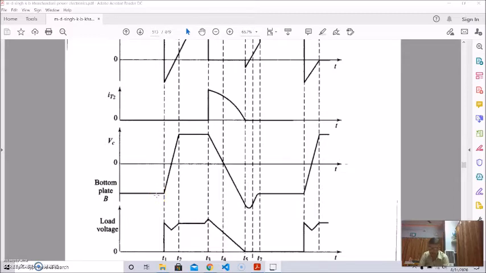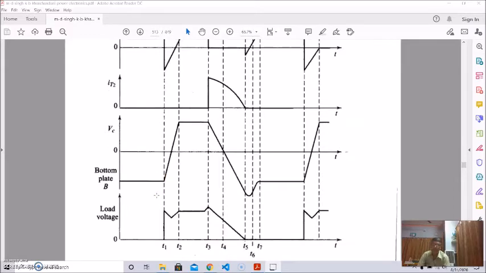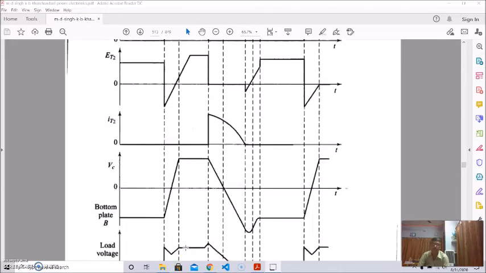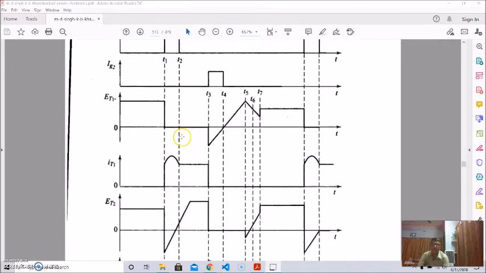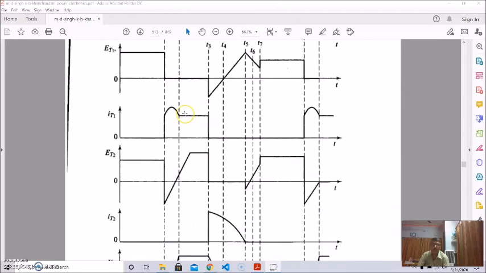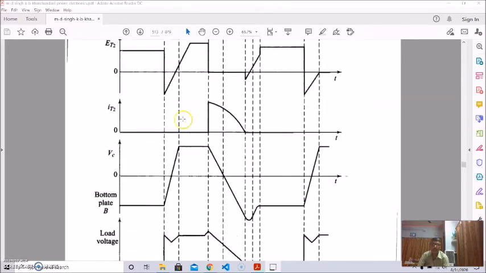Now at time t equal to t2, SCR T2 is triggered. Let's say gate signal IG2 is provided at t equal to t2, and SCR T2 is triggered.